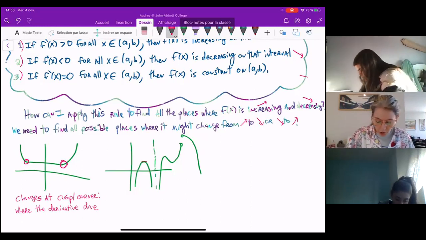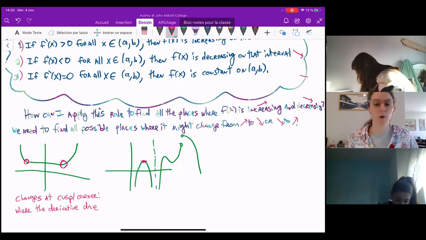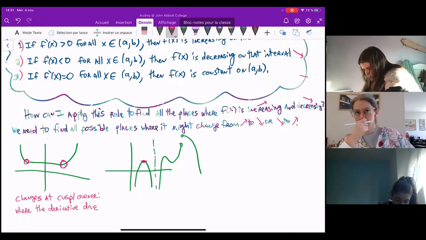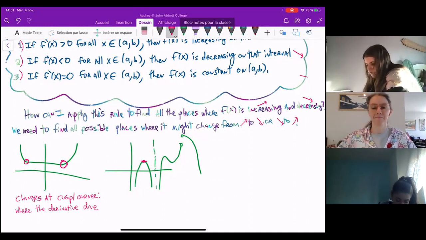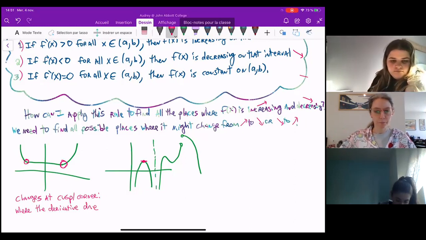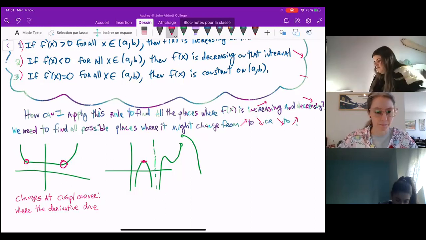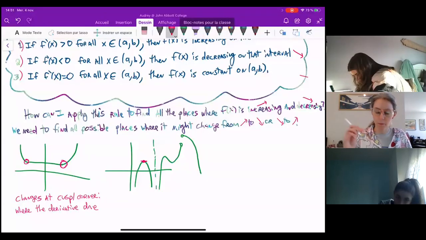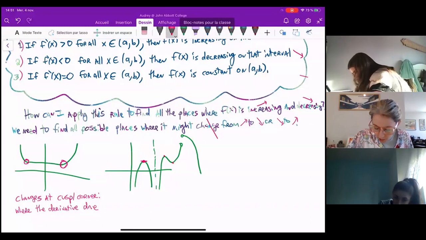So let's look at this second graph. The first place I change from increasing to decreasing is right there. What's going on right there? What does my derivative equal right there? You got it, 0. So there the derivative is 0. What about here and here? What's going on at those other two places where it changes?